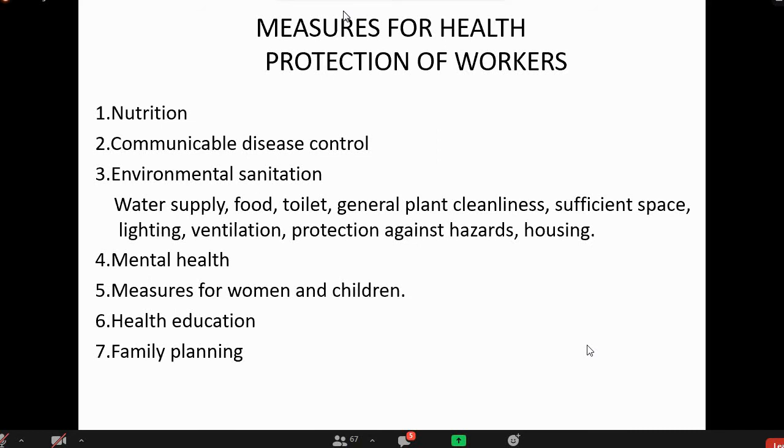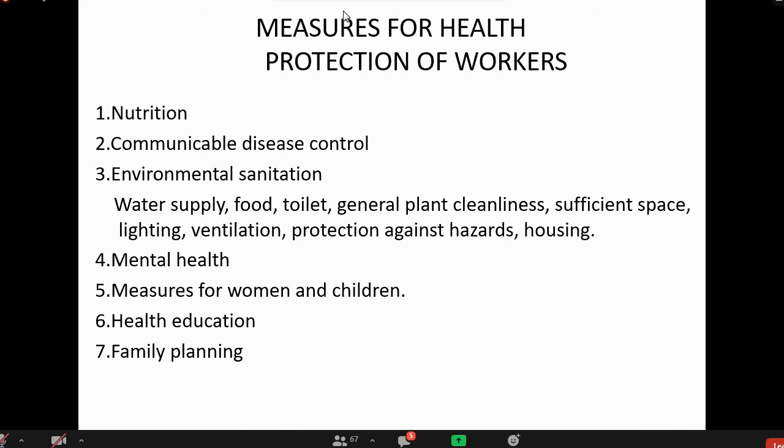Measures for health protection of workers are important. We cater for the nutrition of the employees. Communicable disease control is important. Environmental sanitation is important: proper water supply, food, toilets, and cleanliness are given.